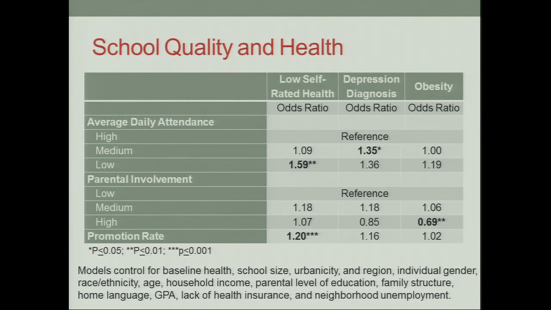While we don't have a complete answer for why this might be, we think that it's possible that high promotion rates in the absence of individual academic achievement or other quality measures, so social promotion, for example, might not significantly benefit health. Taken overall, these results do suggest that it's not just the quantity of education you receive, but also the quality that might impact your long-term health.